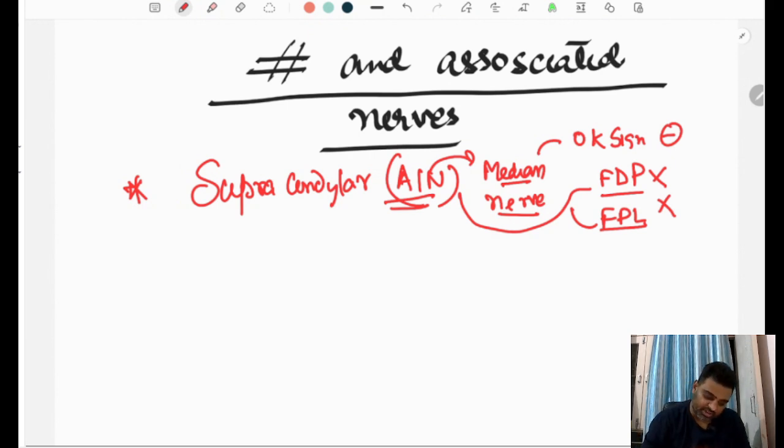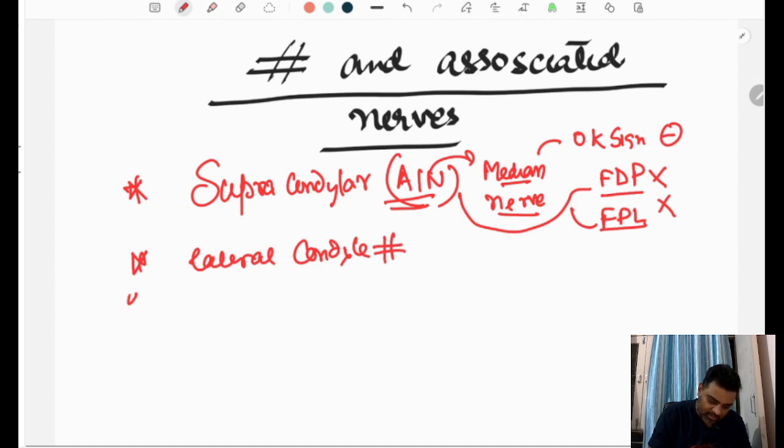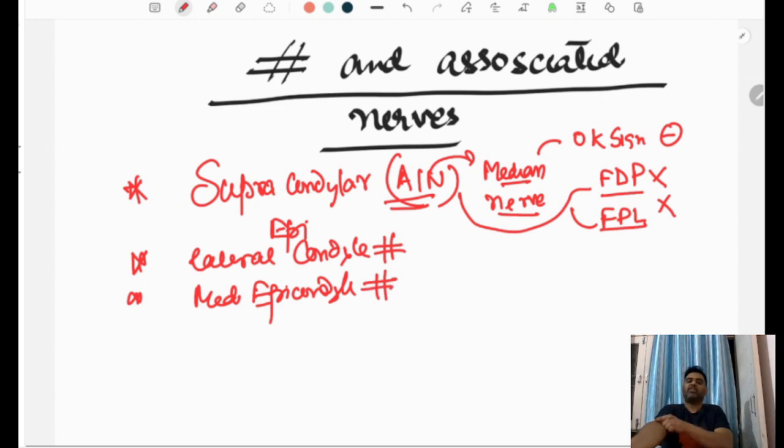So supracondylar fracture. Then lateral condyle fracture. Then medial epicondyle fracture. Please remember, in lateral condyle fracture, the fragment is generally pulled by the extensor muscle, so it has very high chances of going into non-union. This can develop into cubitus valgus, that is valgus deformity.